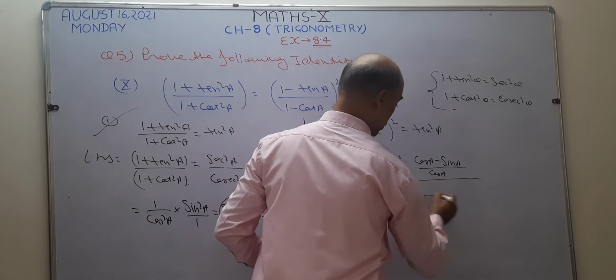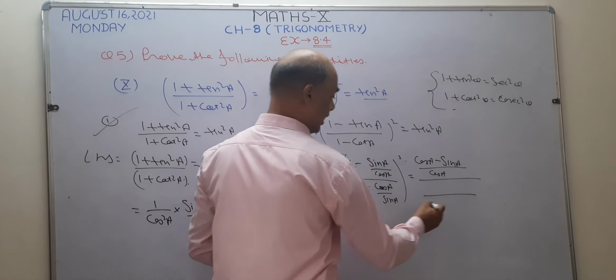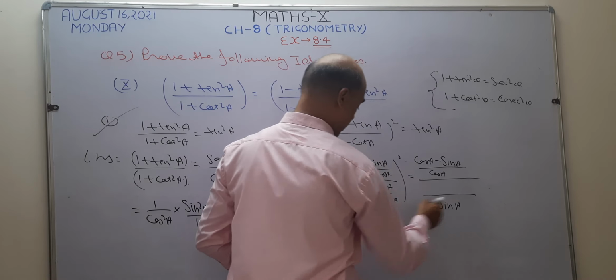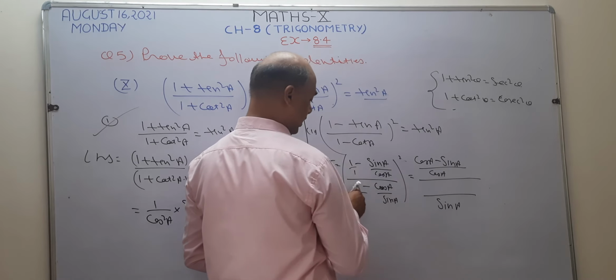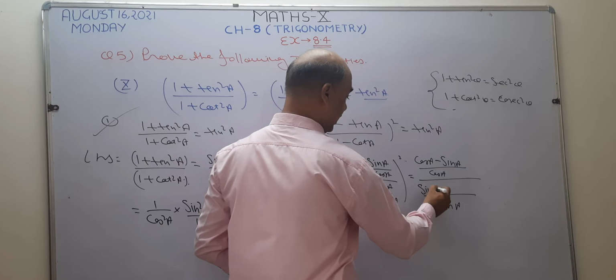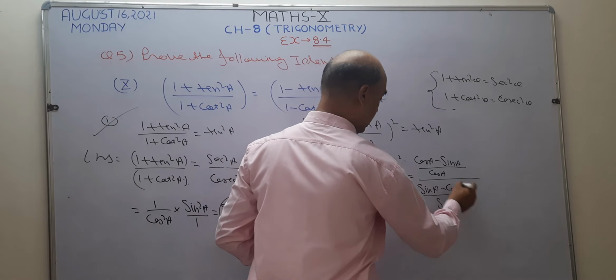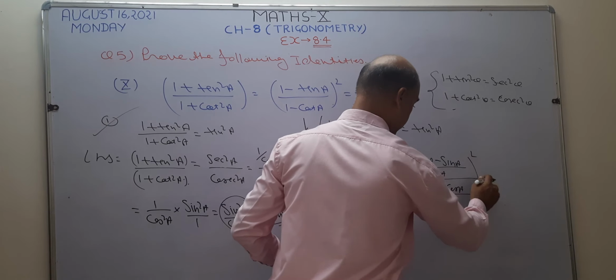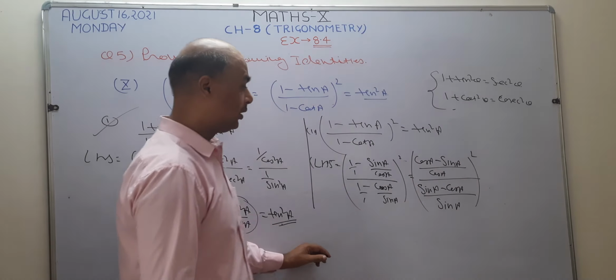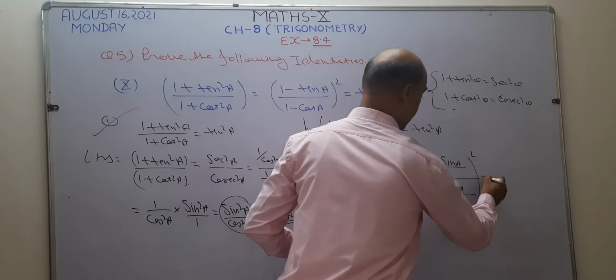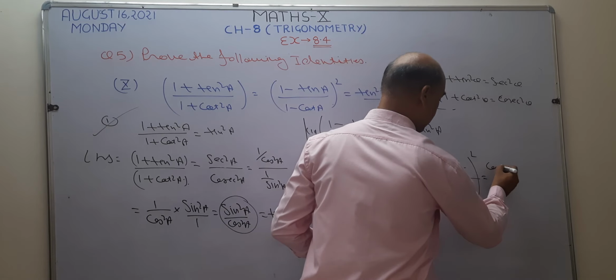Now I am going to solve its denominator part. LCM of 1 and sine is sine A. 1 is there, it means this sine is going to multiply this 1, so this becomes sine A. Sine is cancelled with sine. What is left? Minus cos A, and its square is there. Now I am going to write the first part the same. First part, what is given?